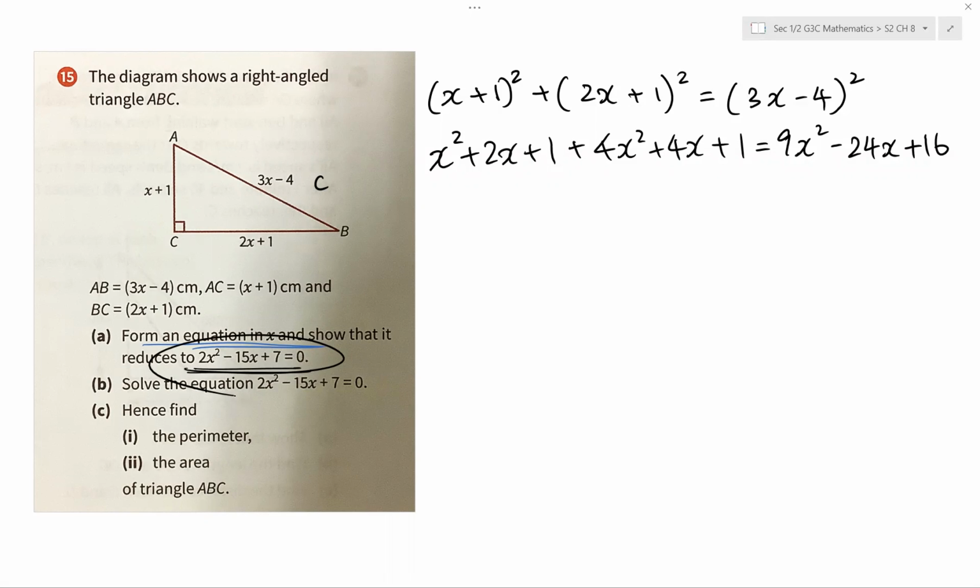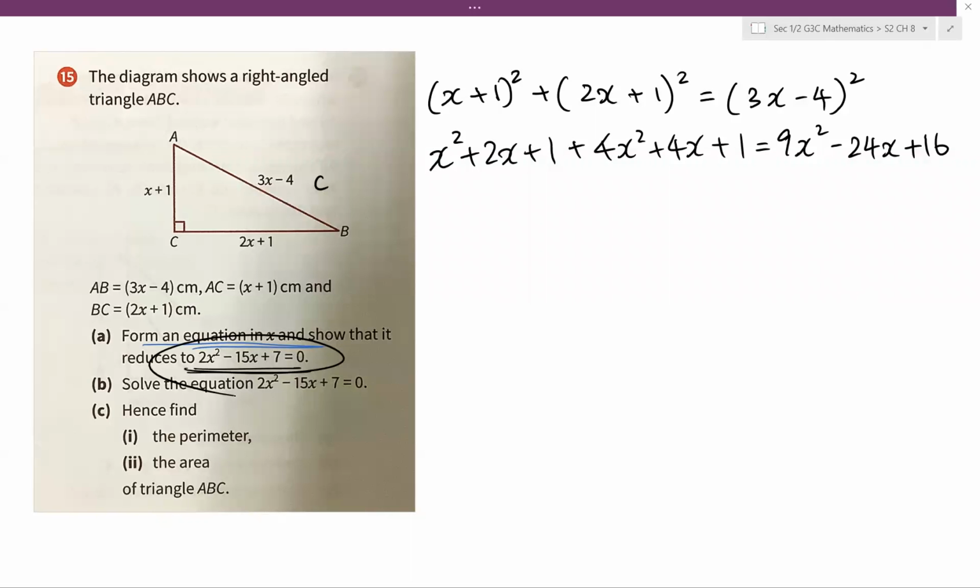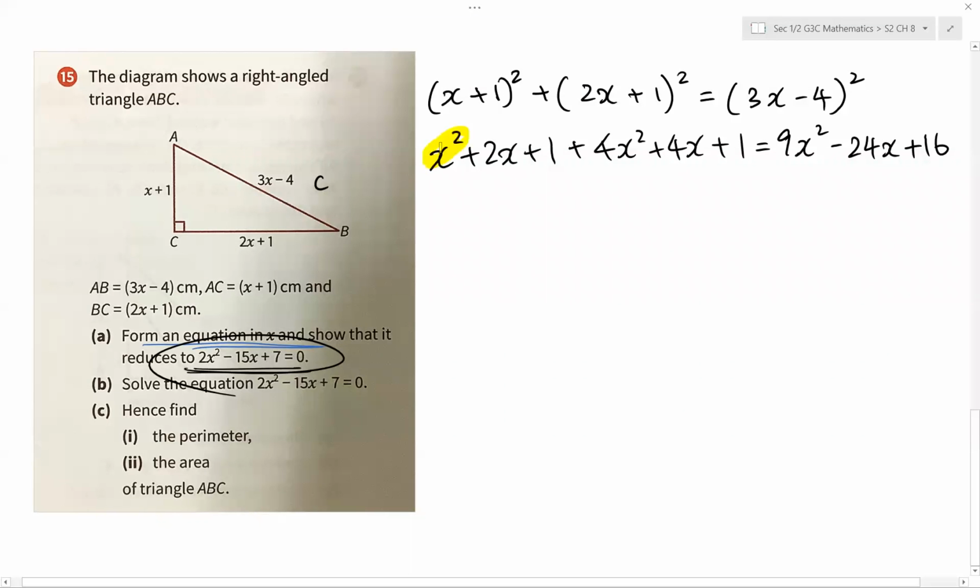So the options in this case are x squared, 4x squared, 9x squared. I would want to subtract the x squared, subtract the 4x squared, so that I end up with a positive x squared on the right hand side. So that is my strategy.